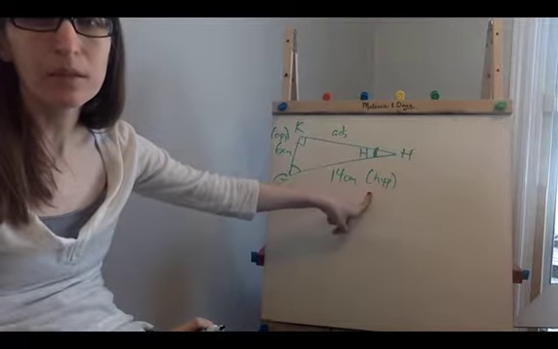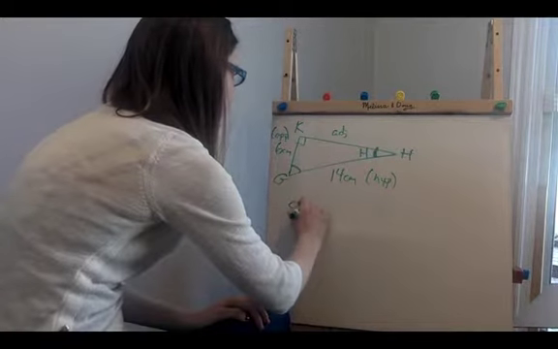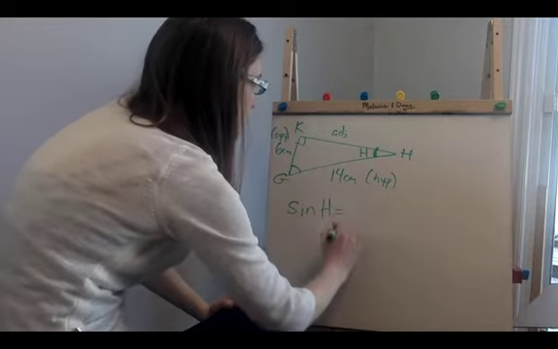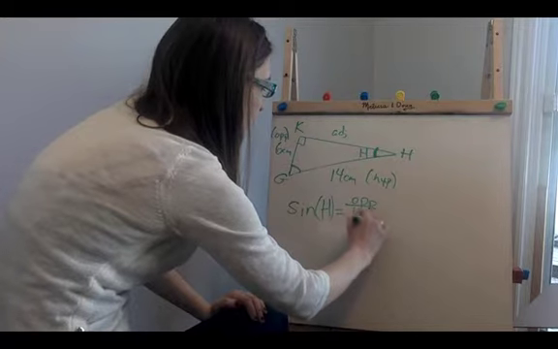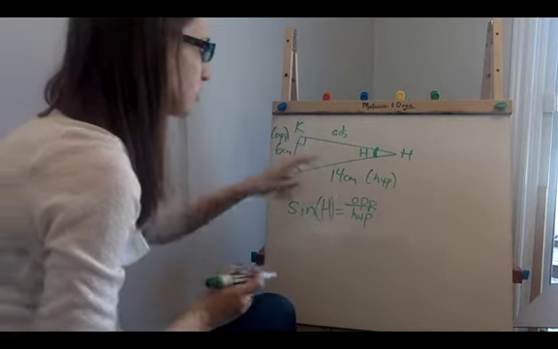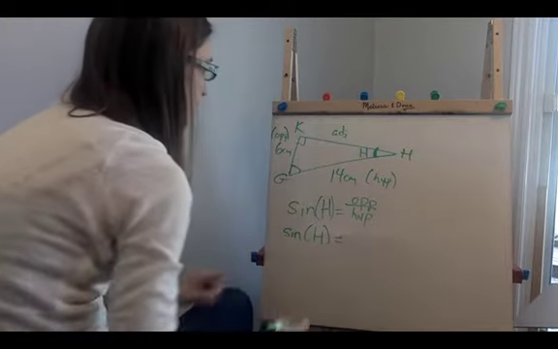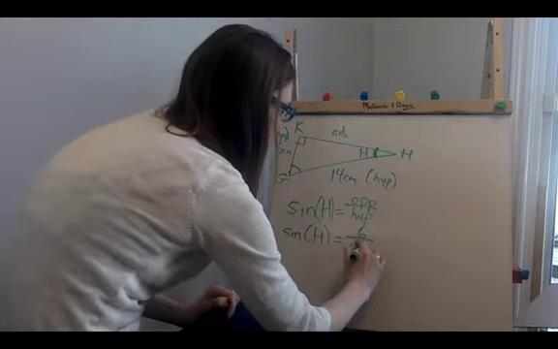That means I use sine. Sine is opposite over hypotenuse, so sine of the angle H is equal to the opposite divided by the hypotenuse. I don't know the angle, so it stays as H. Sine of H is equal to opposite, which is 6, divided by hypotenuse, which is 14.